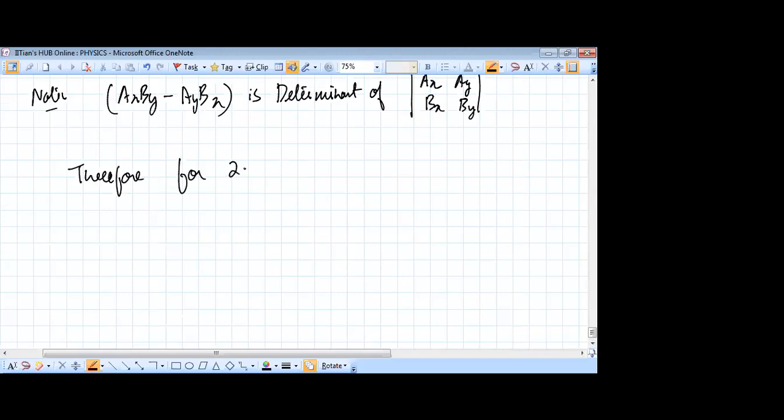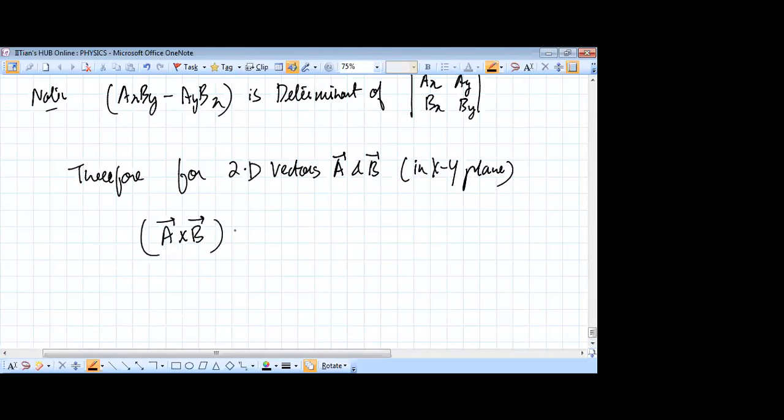So therefore, for two-dimensional vectors A and B in the xy plane, the formula of A cross B can be just remembered like this. It is equal to, make a 2 by 2 matrix, then whichever vector you're taking before the cross product, write its components like this, and whichever vector you're taking after the cross product, the second one, write its components like this, into k cap.